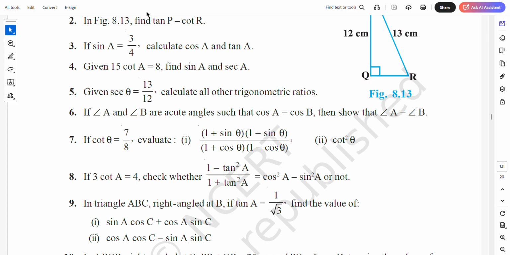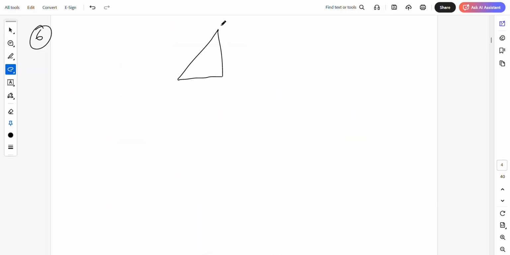Angle A and B are acute angles. Let us say this is angle A, and this is angle B. Okay, this is the right angle, this is 90 degrees.